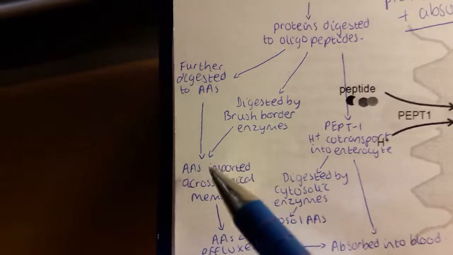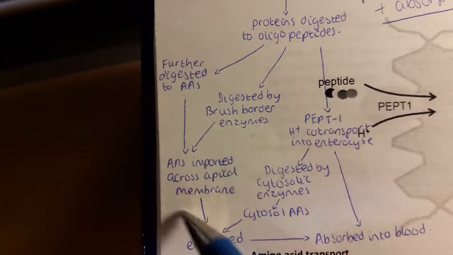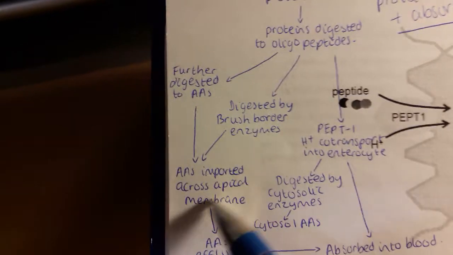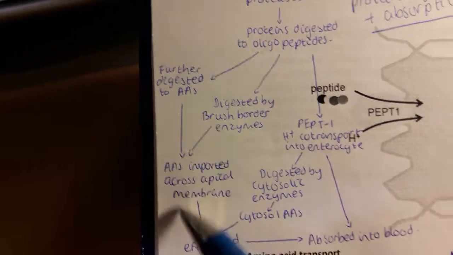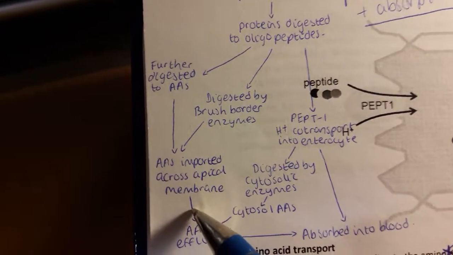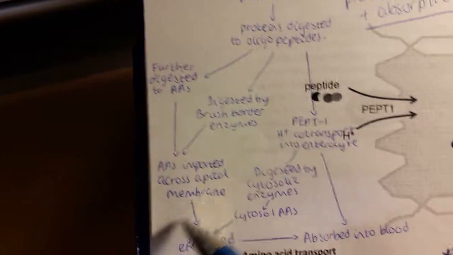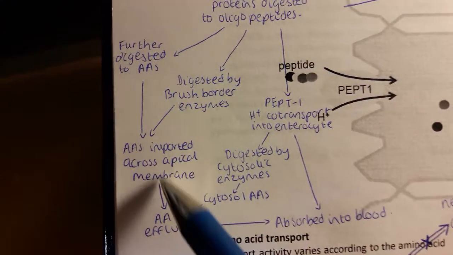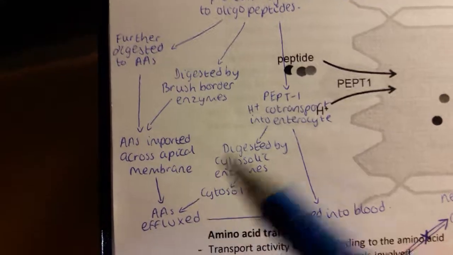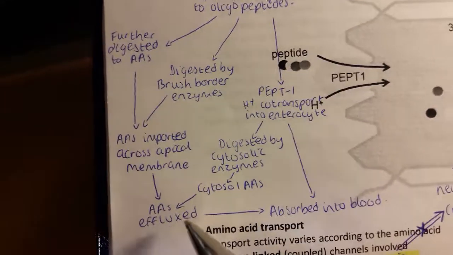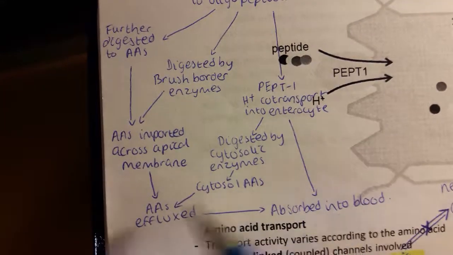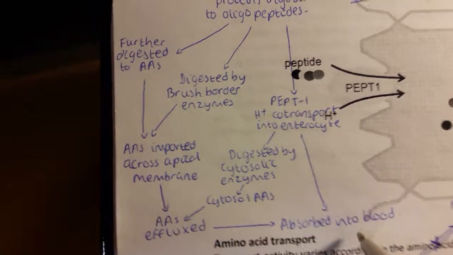The amino acids are imported across the apical membrane, and there are a few different ways in which they can be absorbed across the apical membrane. Once they enter the enterocyte, they're then effluxed across the basolateral side into the blood.